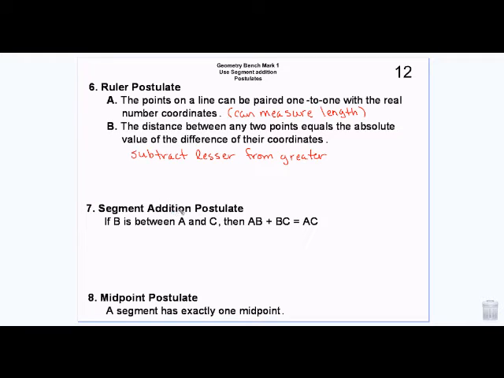Okay, the segment addition postulate says if B is between A and C, so we're going to draw that real quick. Okay, so I've got this segment.